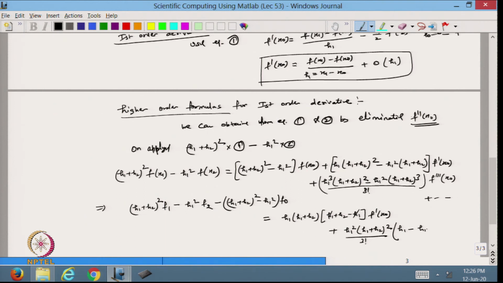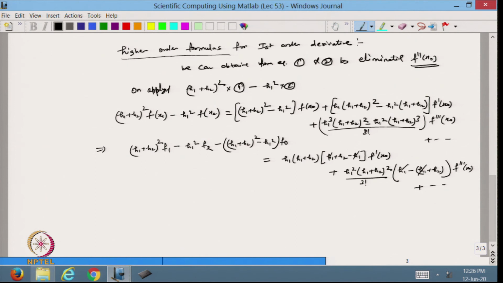So it will be h1 plus h2, because only I will get h1 plus h2, into f triple dash x naught and so on. So this one I can write from here.